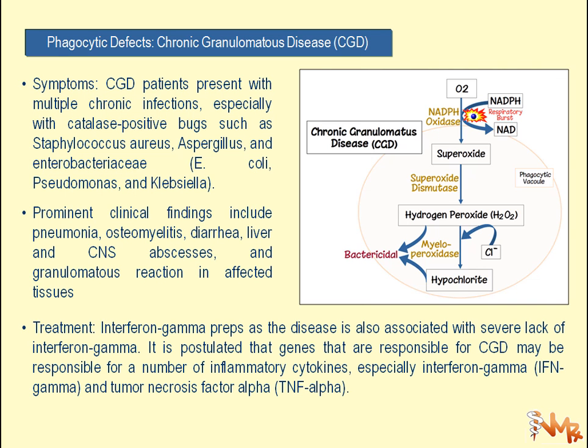Treatment includes interferon gamma preps, as disease is also associated with severe lack of interferon gamma. It is postulated that genes that are responsible for CGD may also be responsible for a number of inflammatory cytokines, especially interferon gamma and tumor necrosis factor alpha.